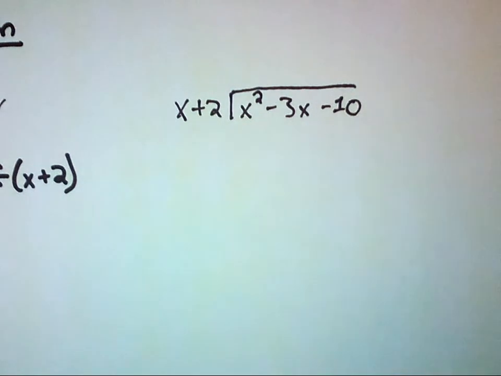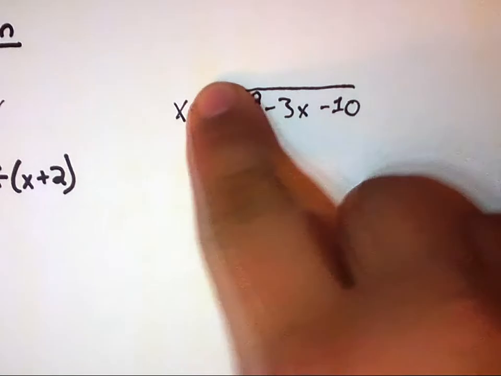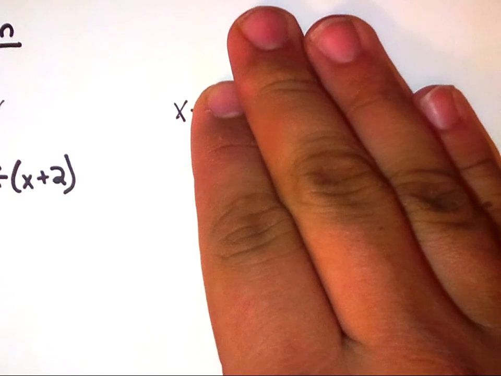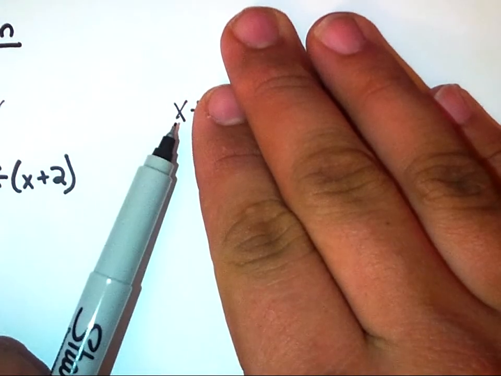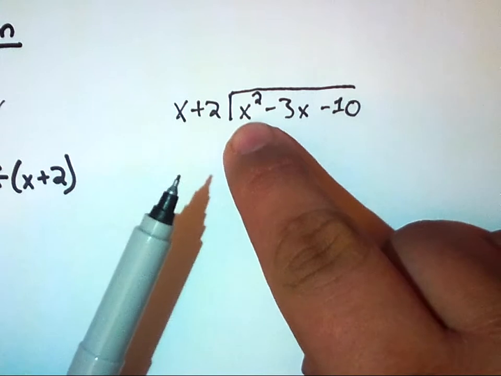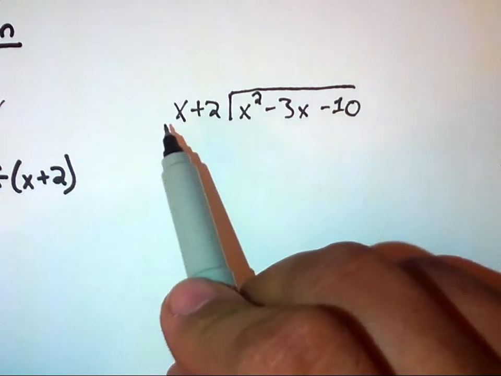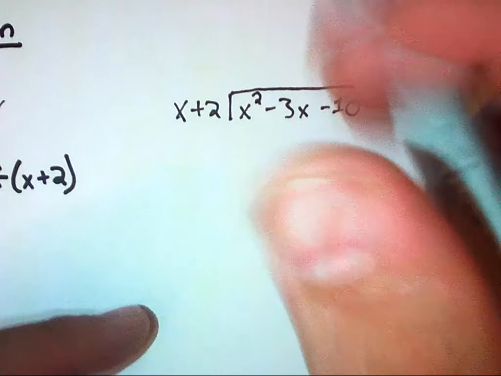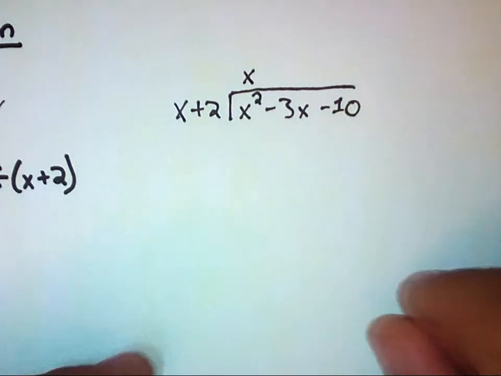For right now, I'm going to completely ignore the plus 2, and I'm just going to focus on x. What I need to figure out is, what do I multiply x by so that it looks like x squared? Well, I multiply it by x.